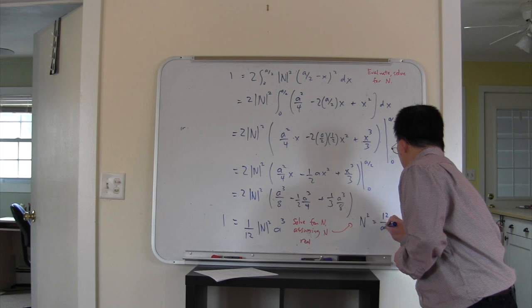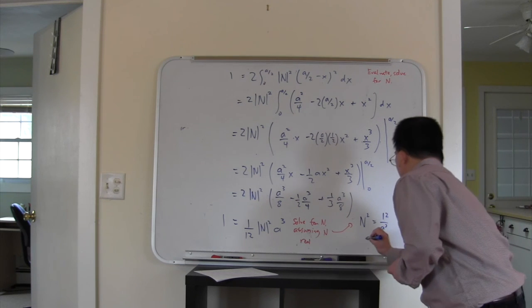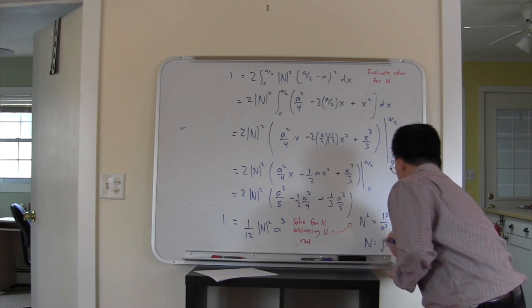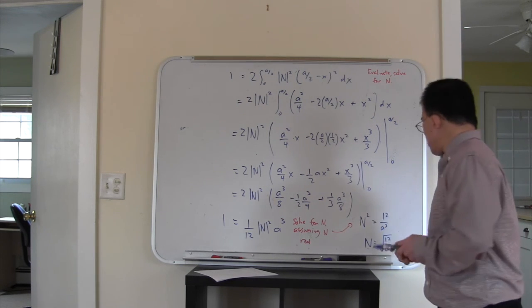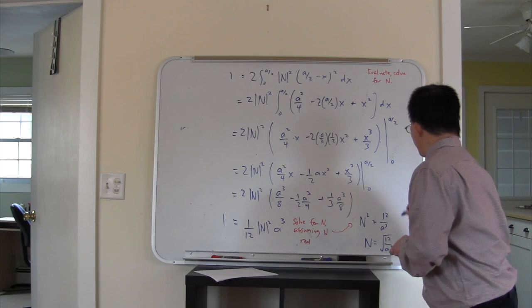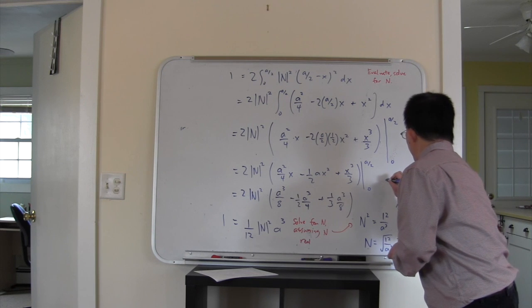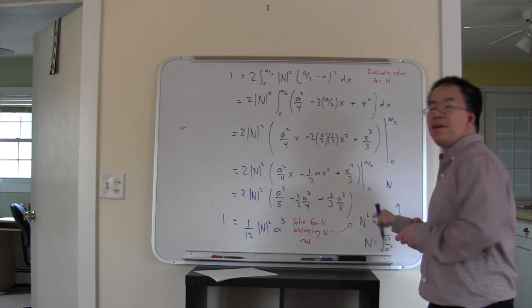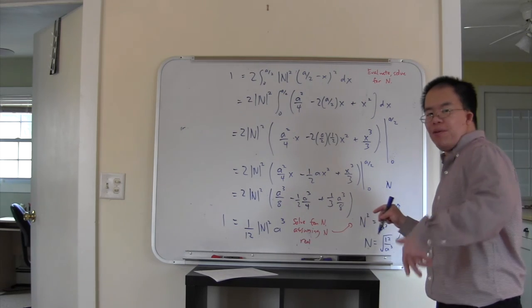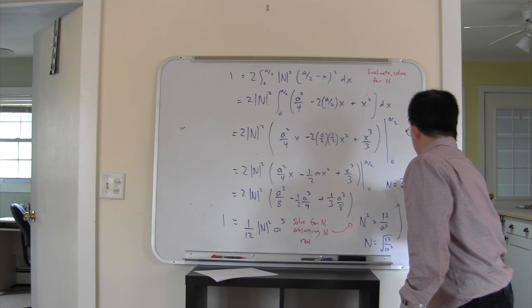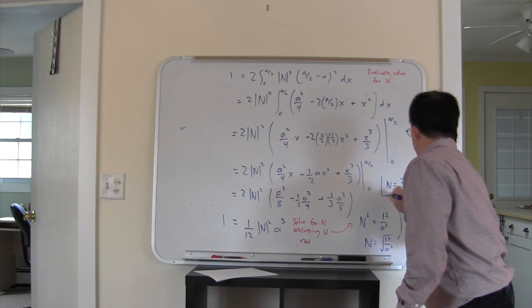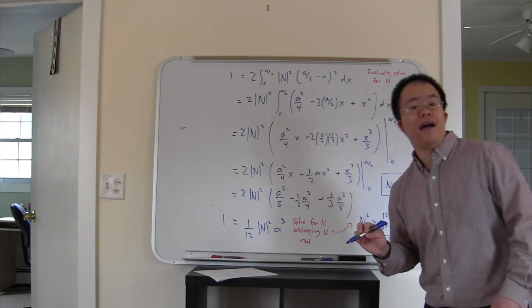And so that gives me n equals the square root of 12 over a cubed, and maybe we could simplify this a little bit. Sure, why not? If I pull a 4 out of the numerator, square root of 4 is 2, so that gives me 2 root 3 over a to the 3 halves.